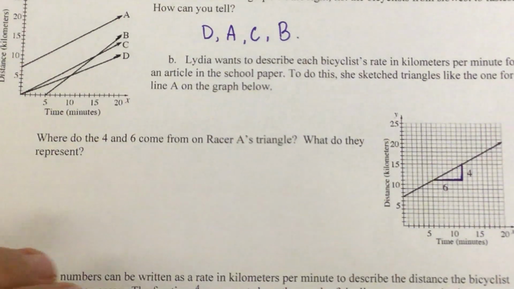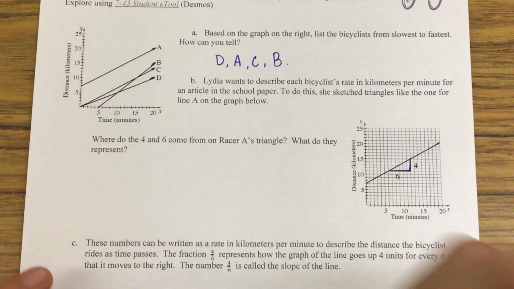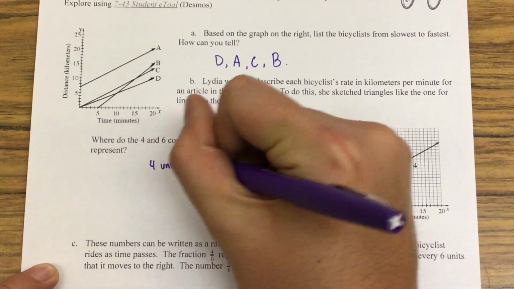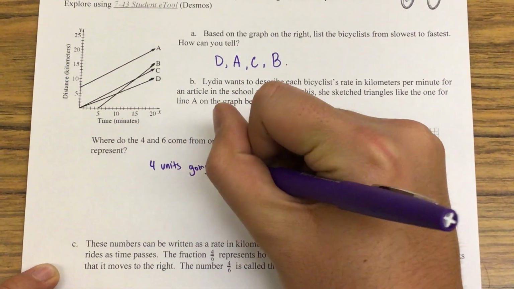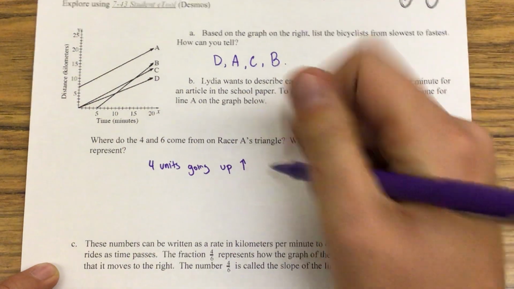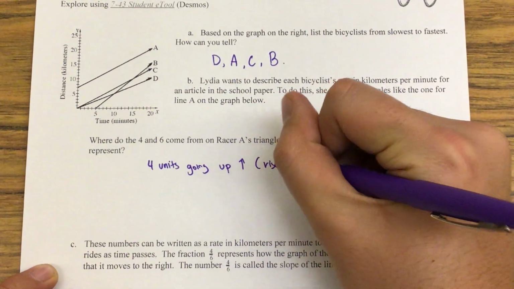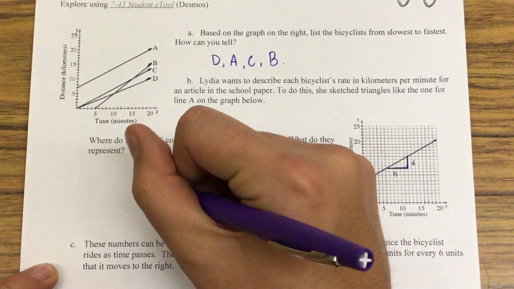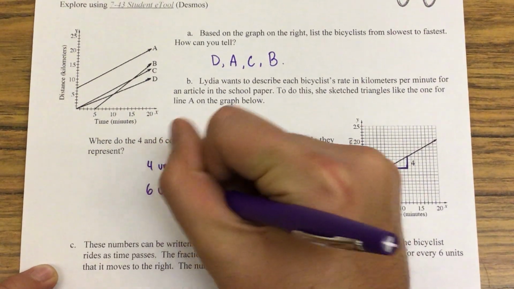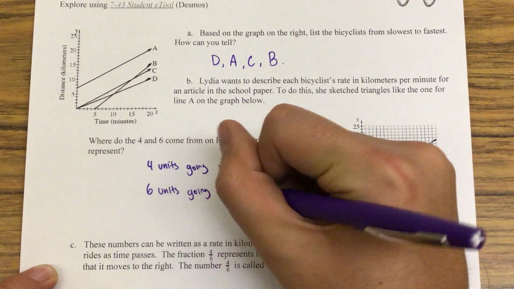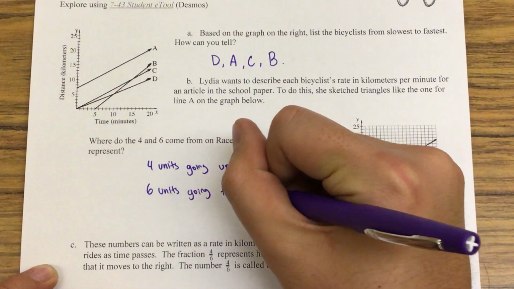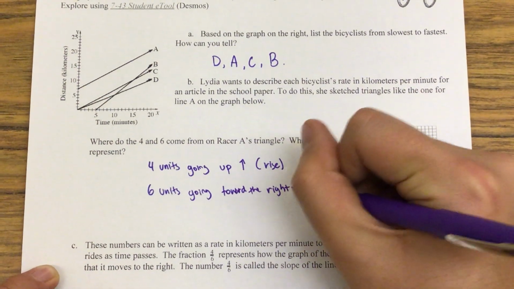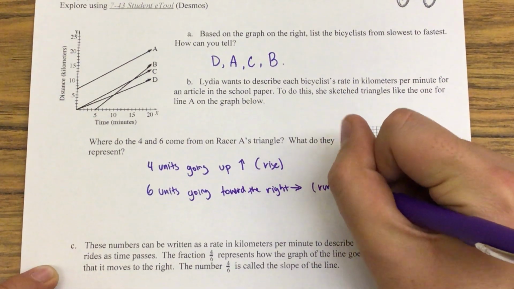So you already have this written down, but I'm going to write it down. So where does the 4 come from? 4 comes from units going up, and that's going to be called the rise. And the 6 is 6 units going towards the right, and that's going to be the run.